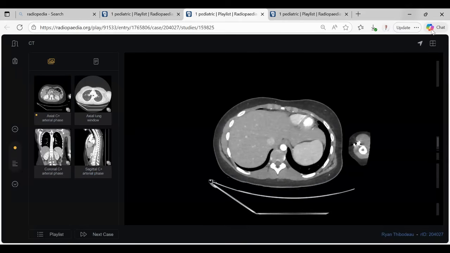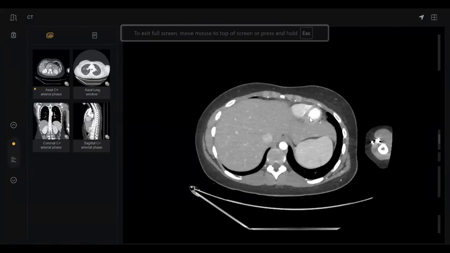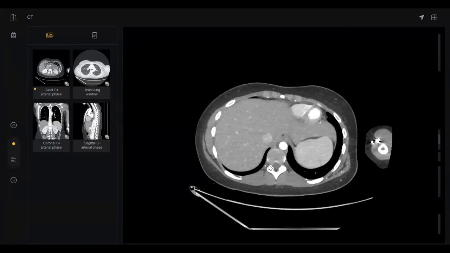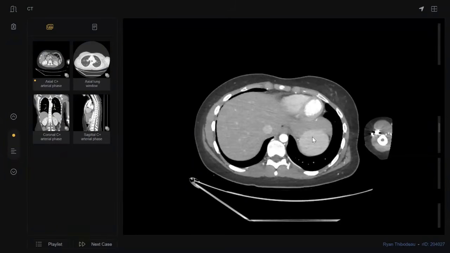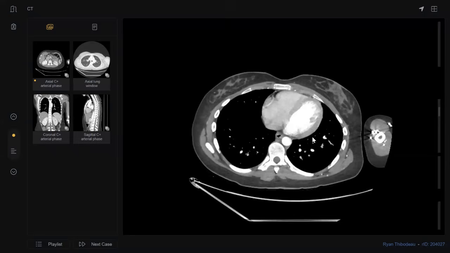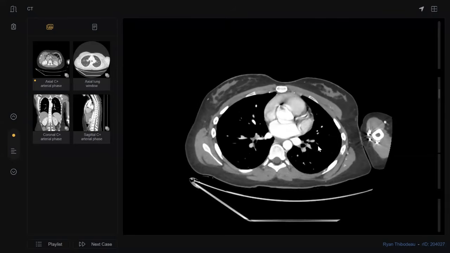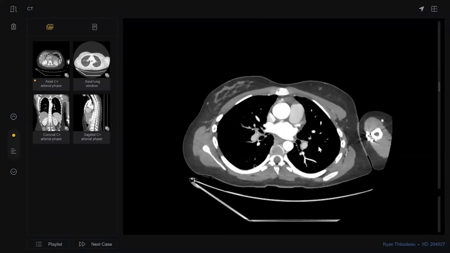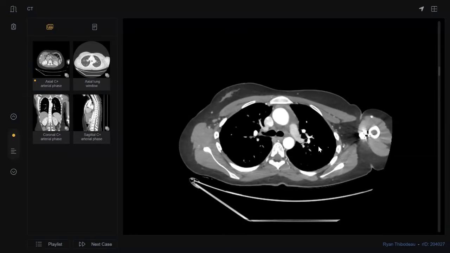I am presented with a contrast-enhanced CT of the chest and upper abdomen. It is an arterial phase study. I would like to scroll through the images first, and then comment on my findings.